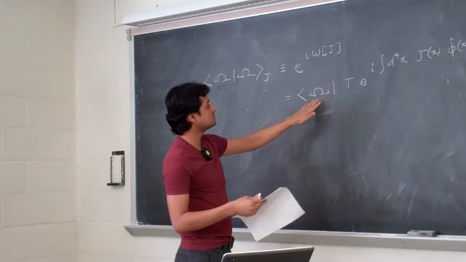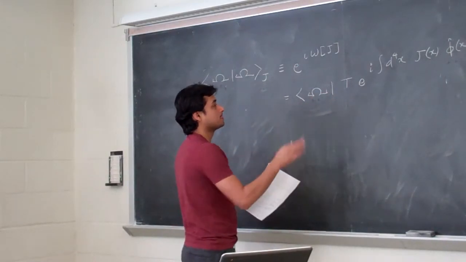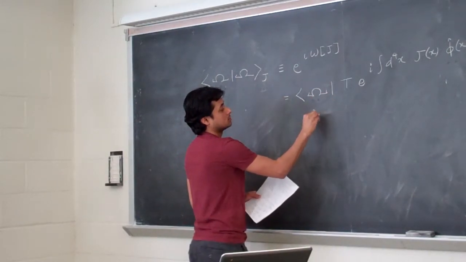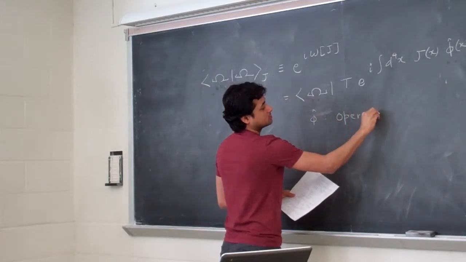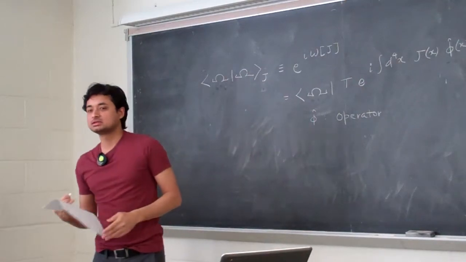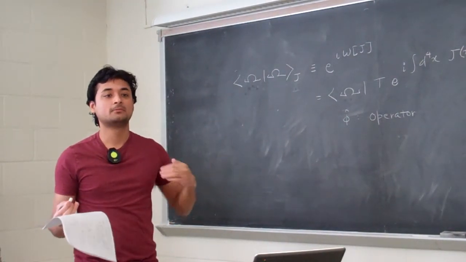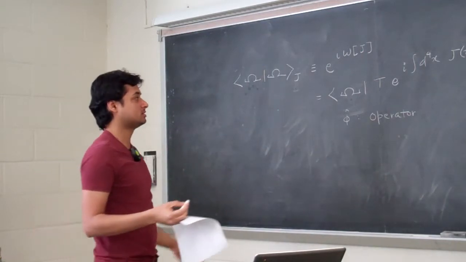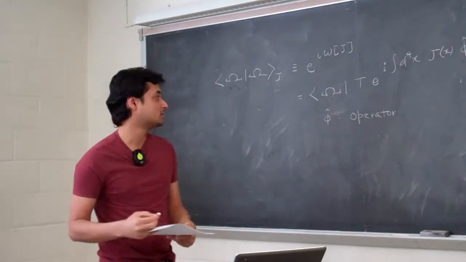So a couple of things. This is the vacuum state of the full theory right now. Phi is an operator as of now, because even though we did start path integrals, and at the level of path integrals it will become a number, or a C number, or a bunch of C numbers for every x, before that, because we are coming from the path of canonical quantization, it's an operator.